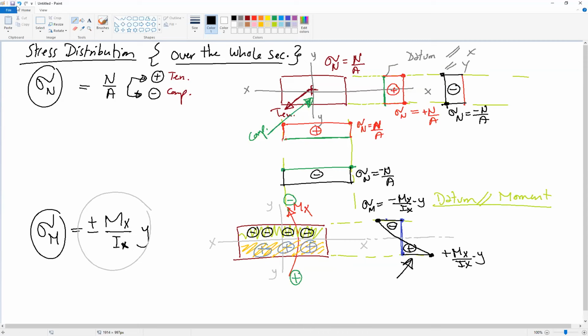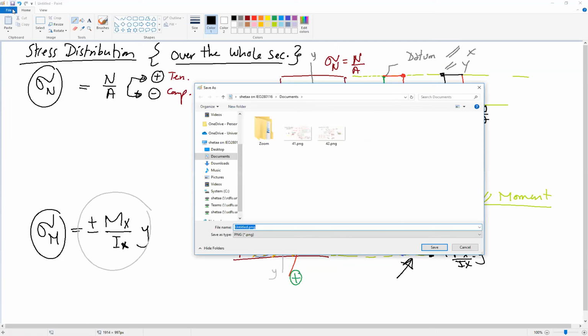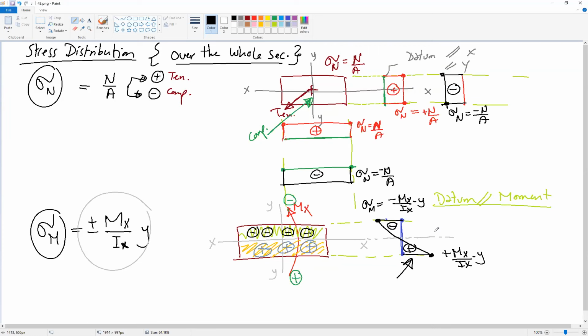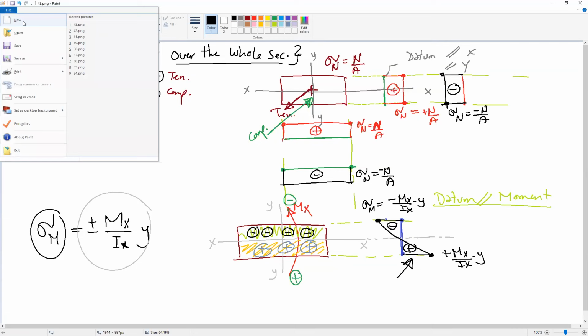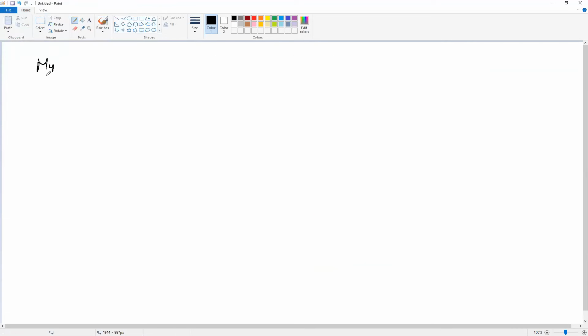And the third case, if we have My, the stress sigma m will be positive or negative My divided by Iy multiplied by x.